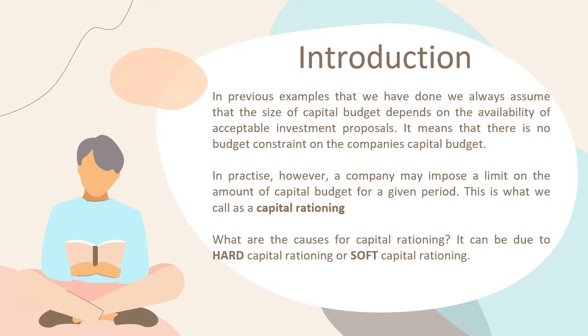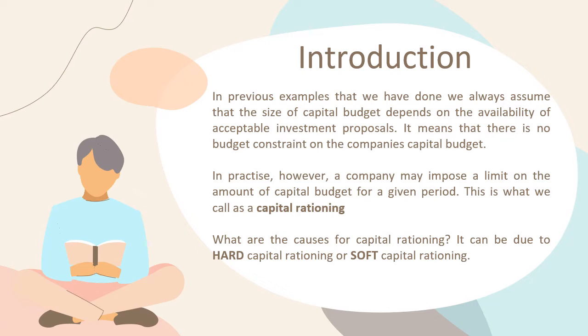Meaning that if I have 3 projects to choose from, 2 of them are positive, then my decision criterion is to choose the 2 projects that give positive net present value. When I make that decision, I do not take into account that perhaps there is a budget constraint that limits us from taking both of the projects, even though both of the projects give us positive NPV.